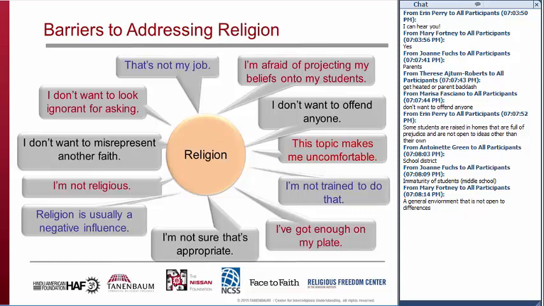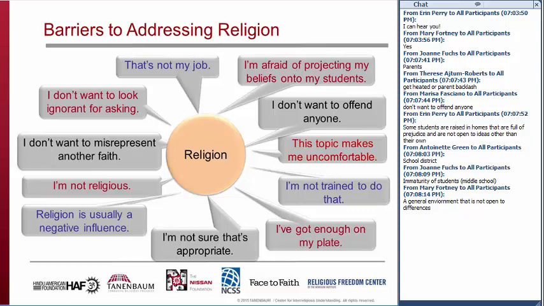And what you see on this slide are some of the more common concerns that teachers have expressed. Some have talked about the concerns of parents, but the idea of not wanting to project beliefs onto students, that it's not their job, they don't want to offend anyone, they don't want to look ignorant for asking questions either about students or even sometimes of colleagues.